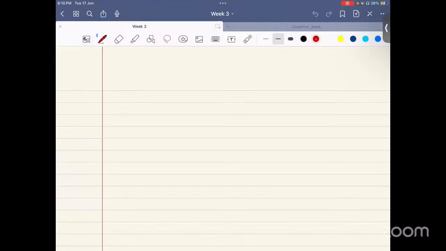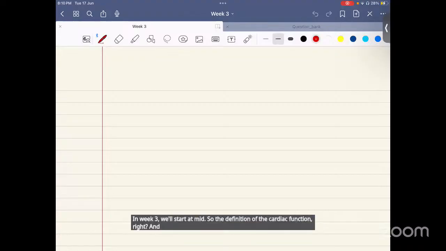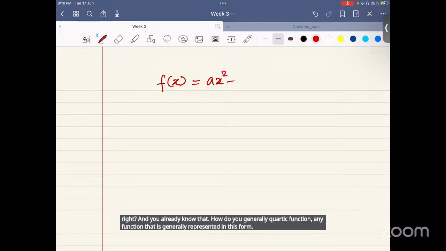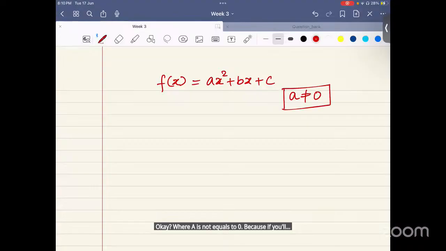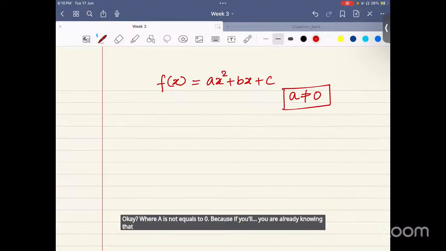So in week 3, we'll start with the definition of the quadratic function, right? And you already know that. How do we generally represent a quadratic function? Any function that is generally represented in this form, ax square plus bx plus c, where a is not equal to 0. Because you already know that if a is equal to 0, then this function will become a linear function, right?